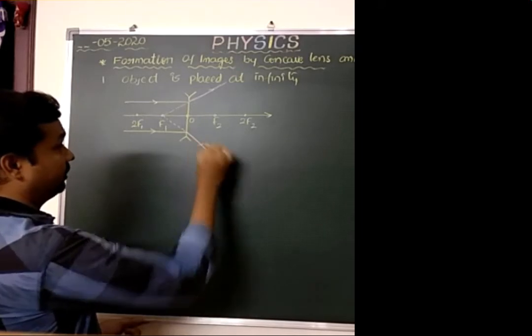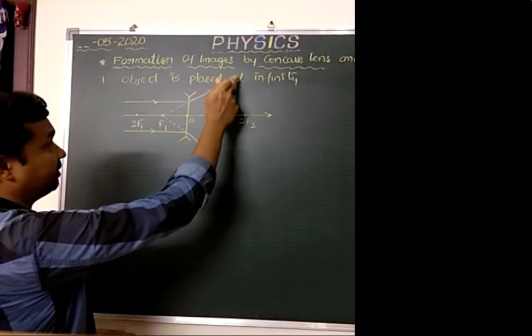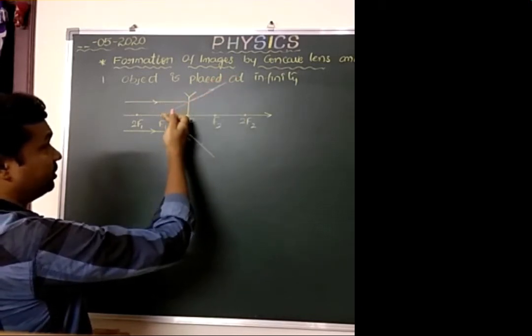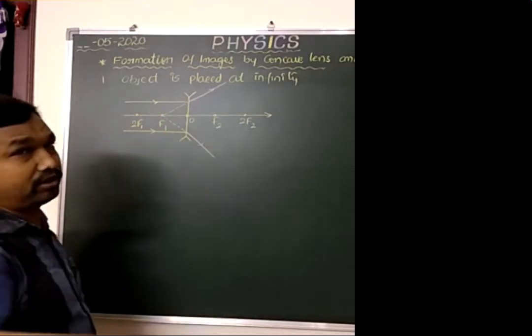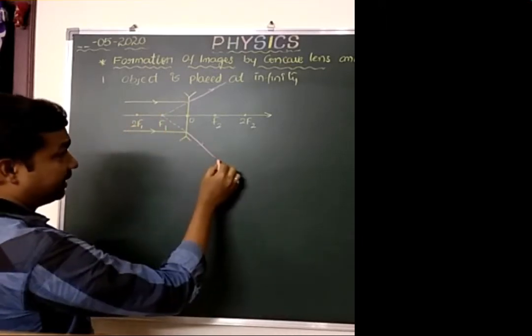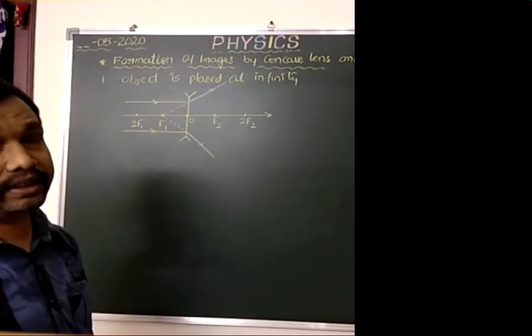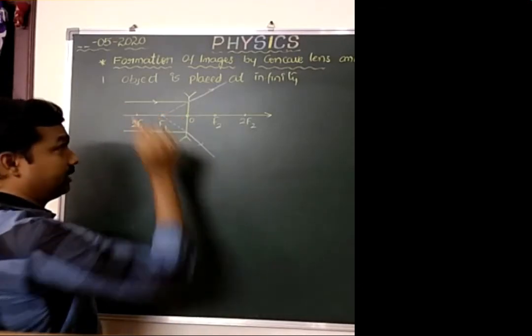Two light rays we are considering. One light ray which is moving parallel gets diverged, and appears to come from one point. Similarly, on the lower side we are taking one more light ray which is diverging like this, and we are extending it back. These two diverging light rays appear to be coming from one point.